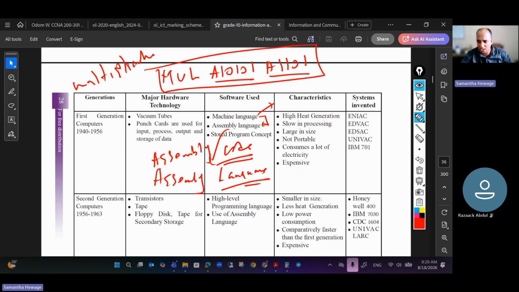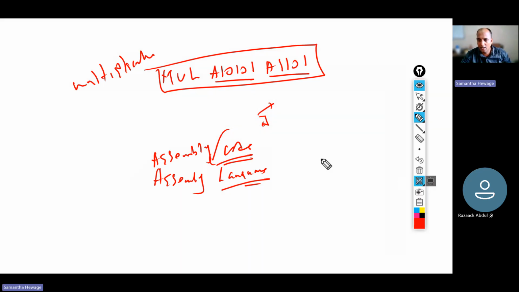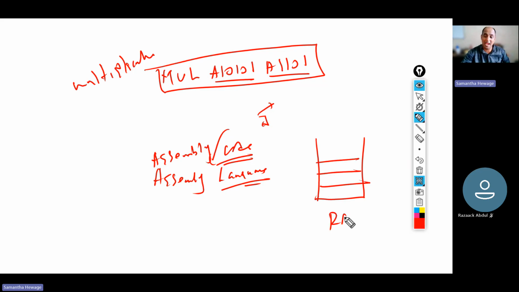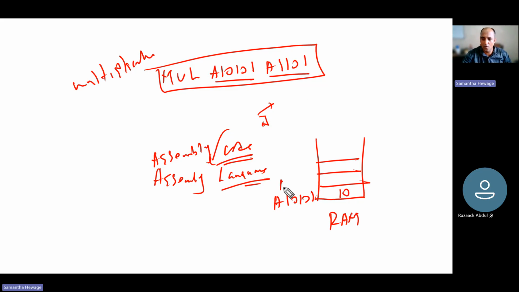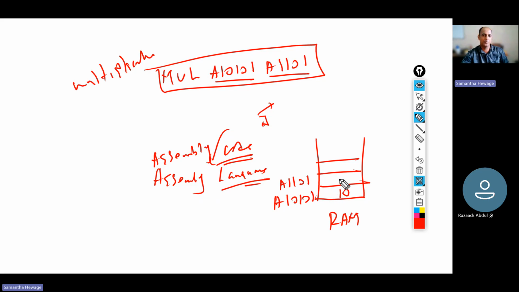For example, let's say you have a computer memory. In your computer memory, or the random access memory, which is a volatile memory, you have memory addresses. Let's say A10101. This memory address value is 10. There's another memory address, let's say A1101, which has a memory value like 15.